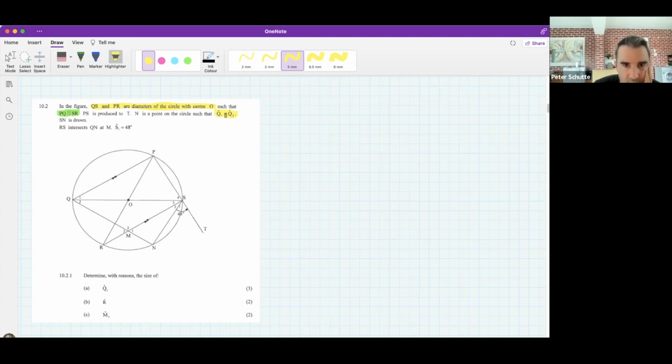Now, if I look at the drawing, I want to go and find Q1 and Q2. Normally they indicate this for me, but in this situation, they haven't indicated. So just to remind myself that these are actually equal, they've given that to me, I'm going to put two little dots like that. And then it says S1 is 48. Now let me go and find S1. Oh, here it's hiding down here.